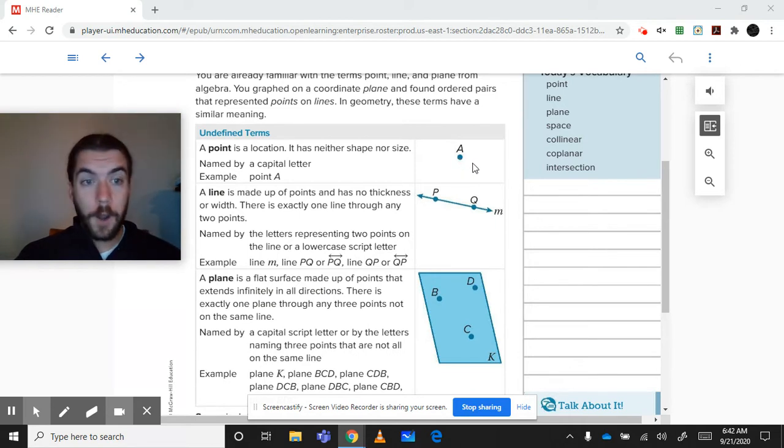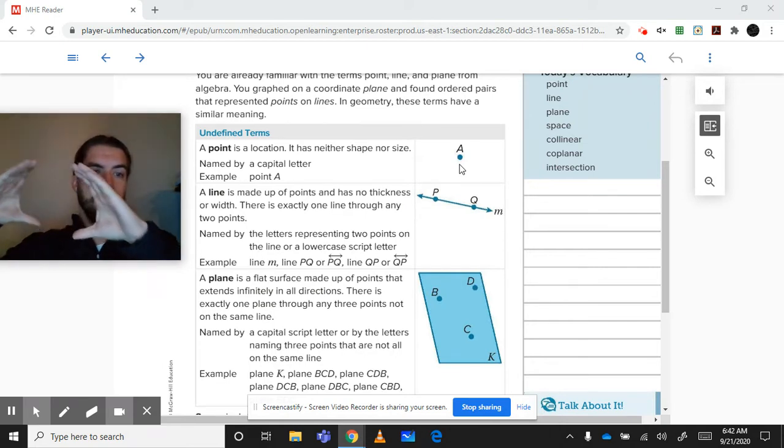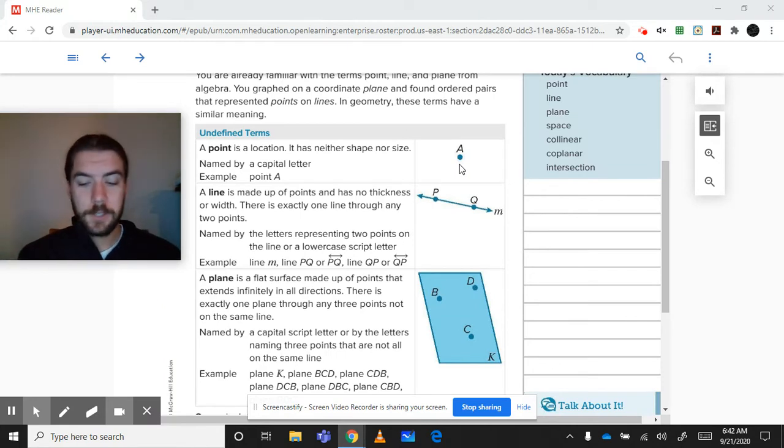So we draw a little circle because we want to mark where the point is, where the location is. But in reality, if you were to zoom in, you are not expecting to see a little circle that gets bigger as you zoom in. The point is a location.